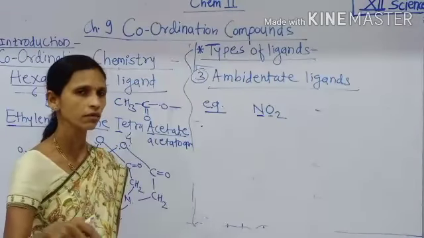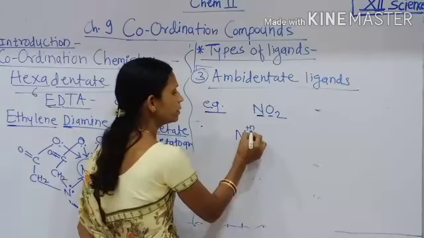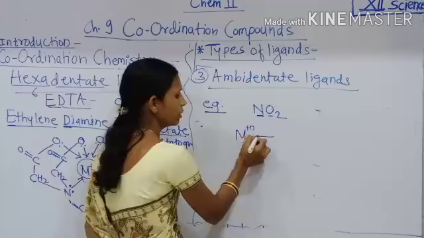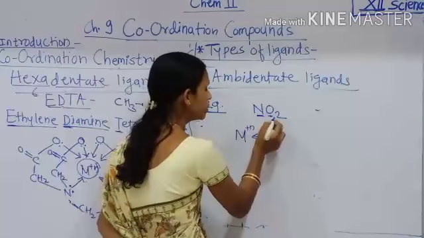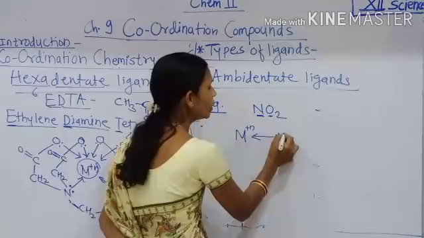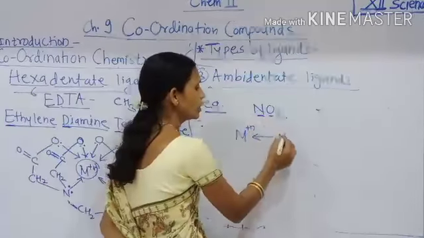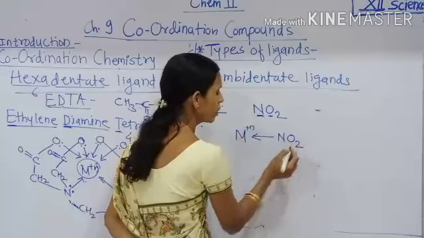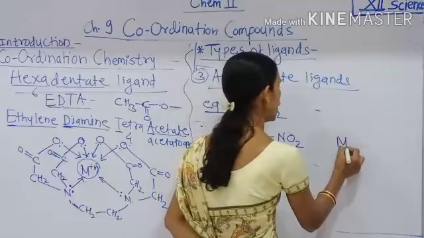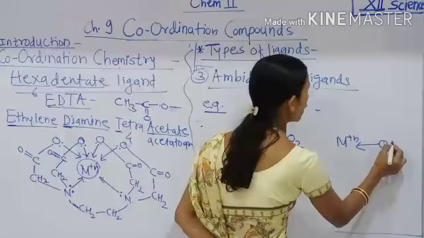But when it is attached to the central metal ion, it is attached through only one of the atoms, either through the nitrogen atom or through the oxygen atom.